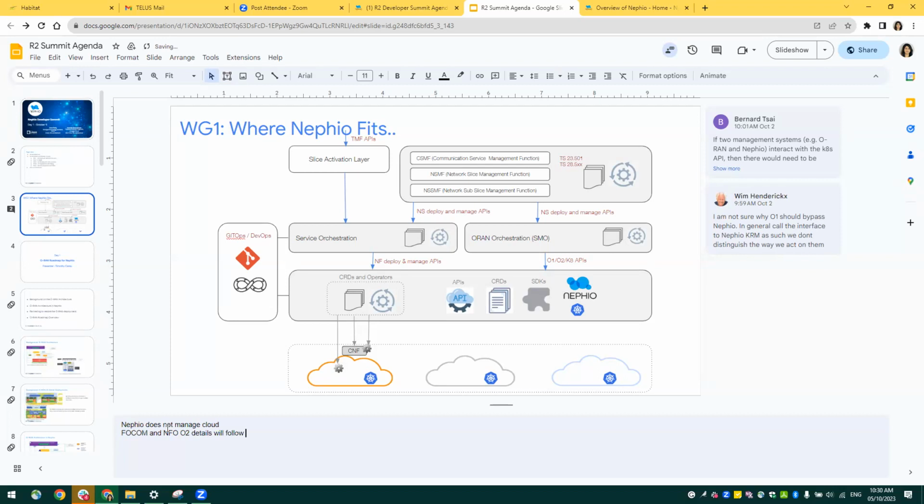But some of the messaging will actually clarify that. When I clarify that the internal components of SMO are not captured in this detail, the FOCOM and NFO and all the O2 interaction will be discussed in detail in the upcoming presentations from ORAN, that would leave that curiosity open, and maybe there will be a better explanation for that.